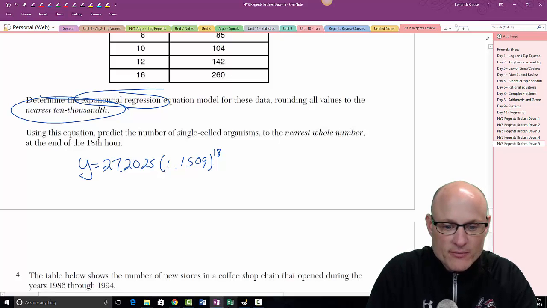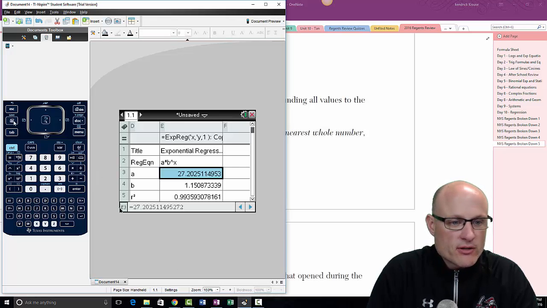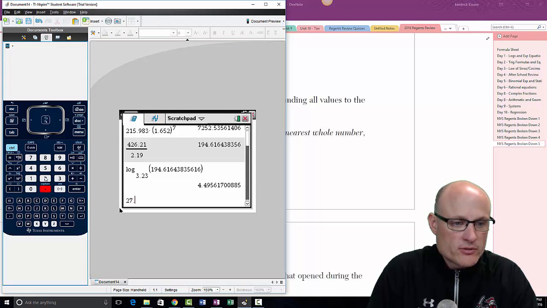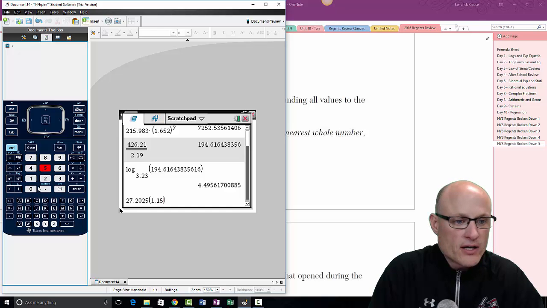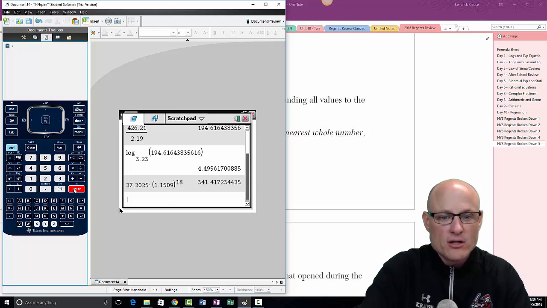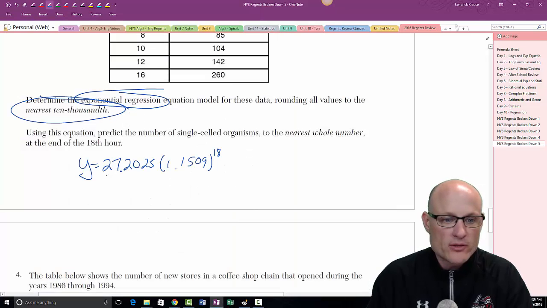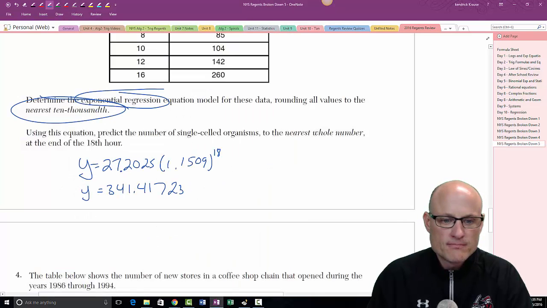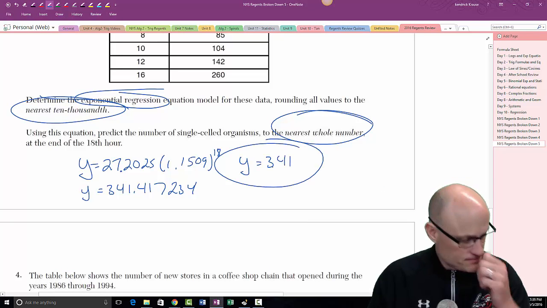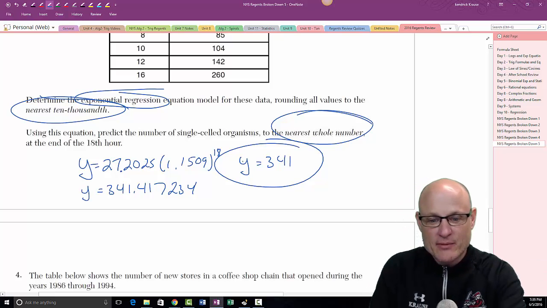So now we got to grab our calculator and do that one. 27.2025 parentheses 1.1509 raised to the 18th power, 341.417. So y equals 341.417234. Round to the nearest whole number, y equals 341. Yay! How many minutes am I at?